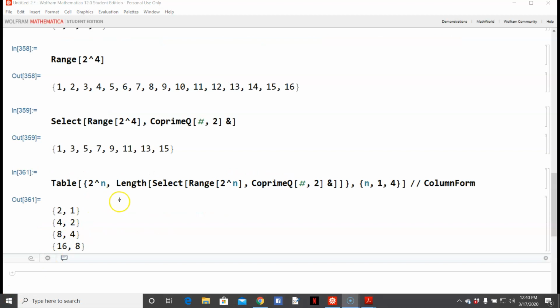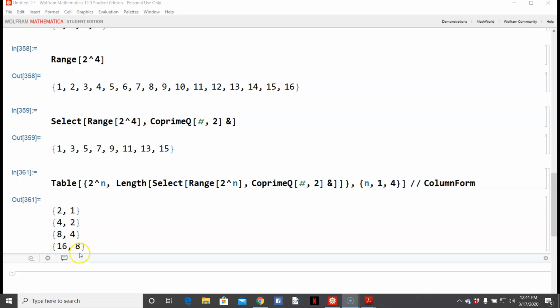Okay, so let's summarize what we've seen so far. Again, this is one of those commands, just for expediency to print what I need. Here we see the successive powers of 2: 2, 2 squared, 2 cubed, 2 to the 4th. Here we see the number of values that were relatively prime to each of them.